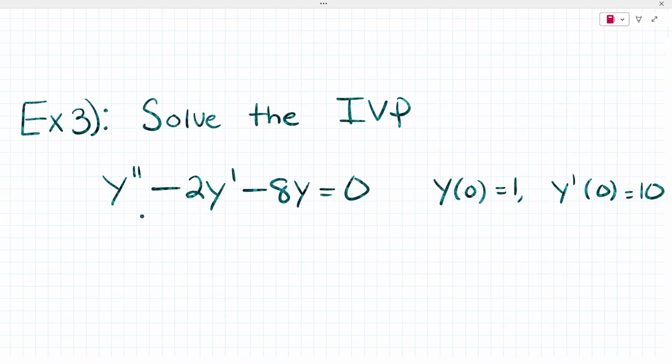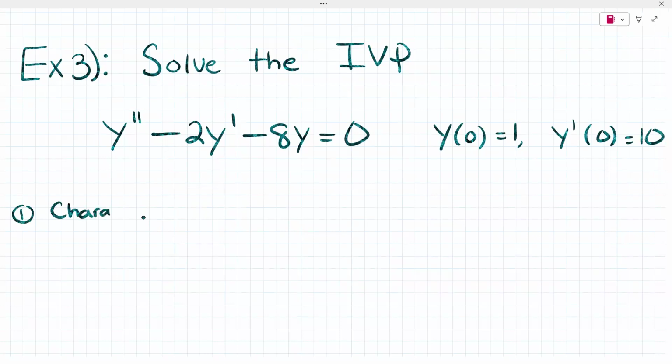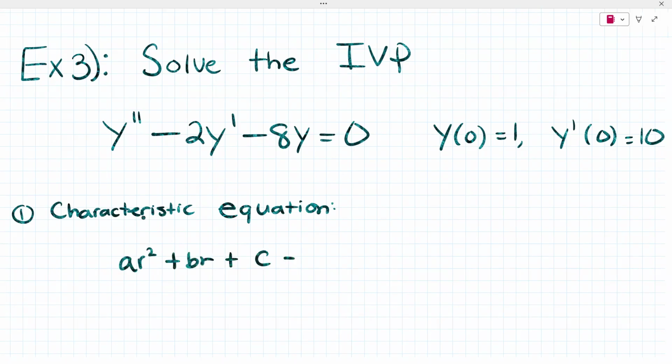Okay. So first step is put it in the characteristic equation. So put it in the form of AR squared plus BR plus C equals 0.